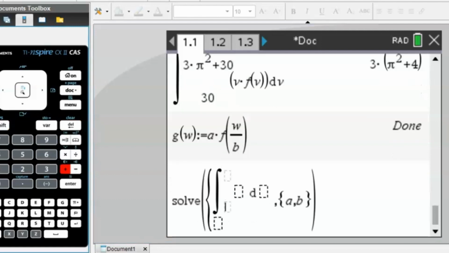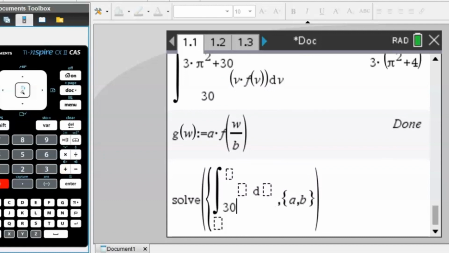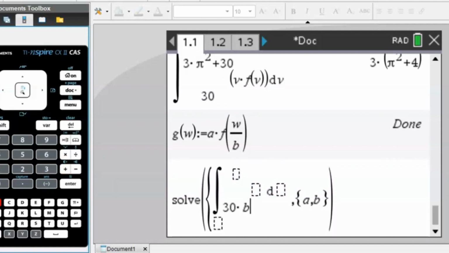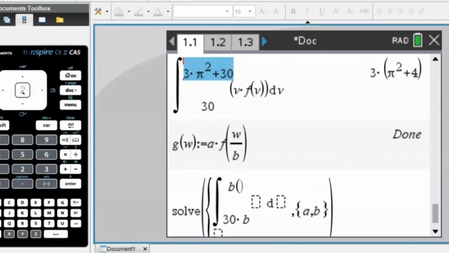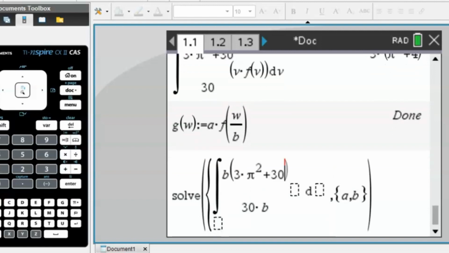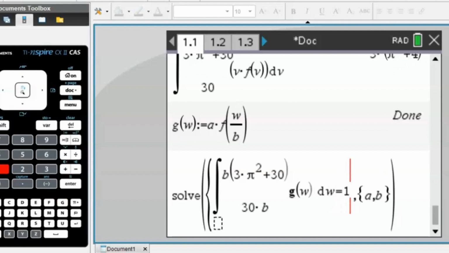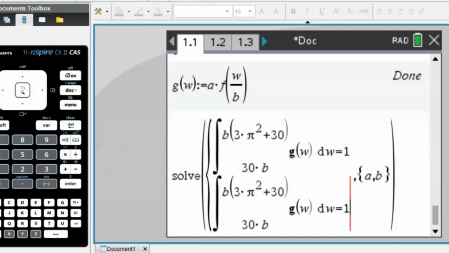All right, now so that's going to be 30b into bracket 3. But if I just copy that, g of w, and the whole thing equals 1. And we're going to do the same thing here, but this time with the mean.